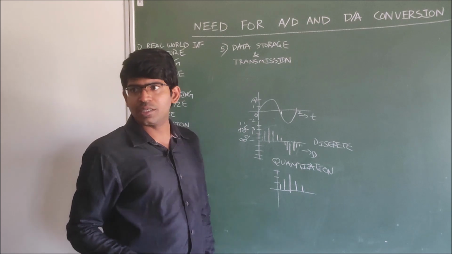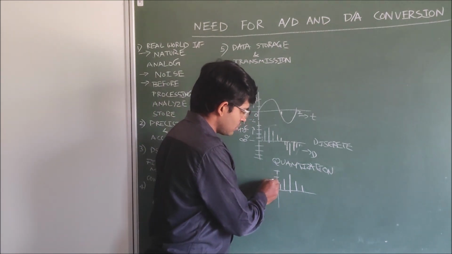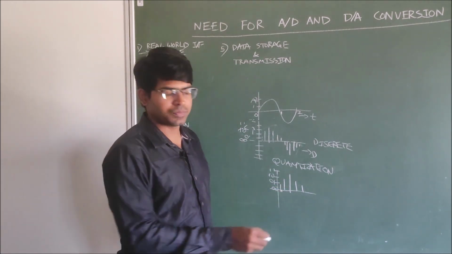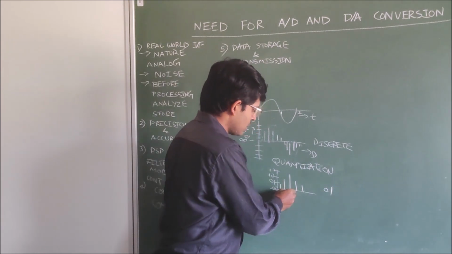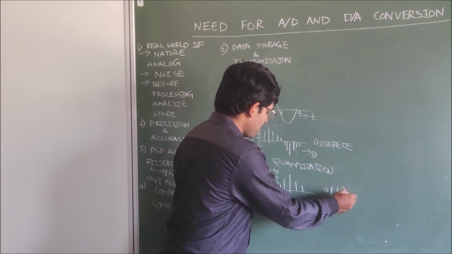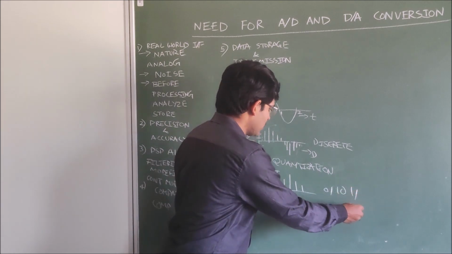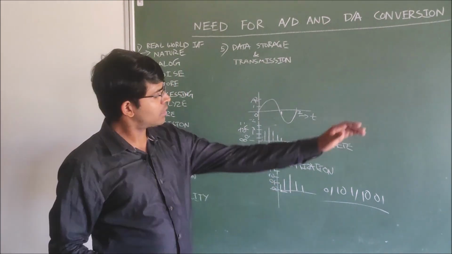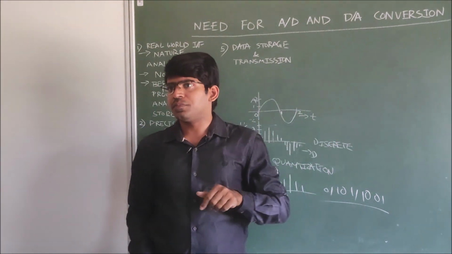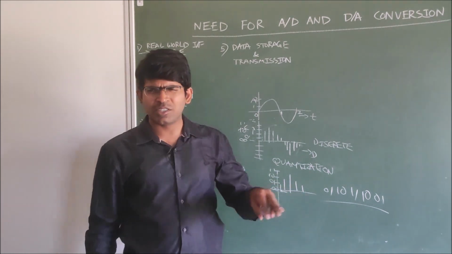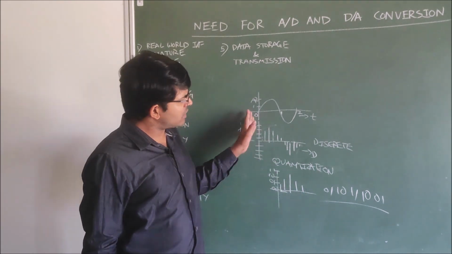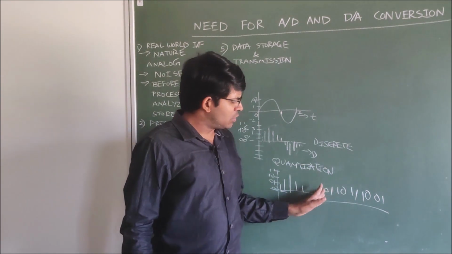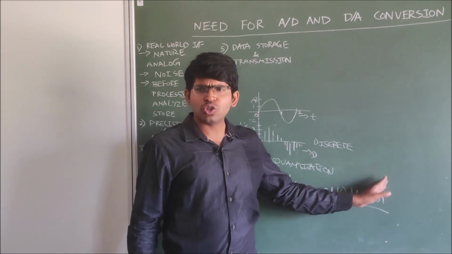Now I can write this digital signal as: first sample value 0, 1, second sample value 1, 0, third sample value 1, 1, again 1, 0, again 0, 1. This is my signal. Instead of sending this signal, I have represented only the positive half. Instead of sending this signal, we are sending only some numbers: 0, 1, 1, 0, 1, 1, 1, 0, 0, 1.